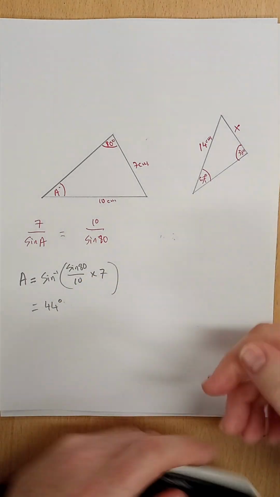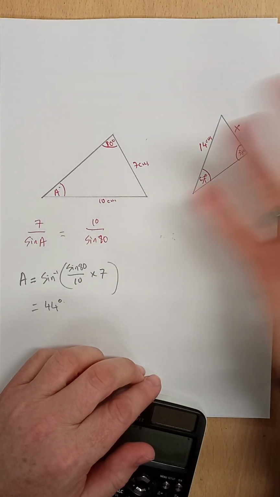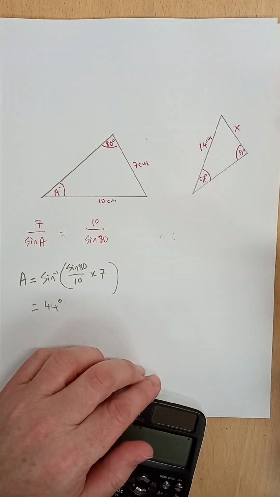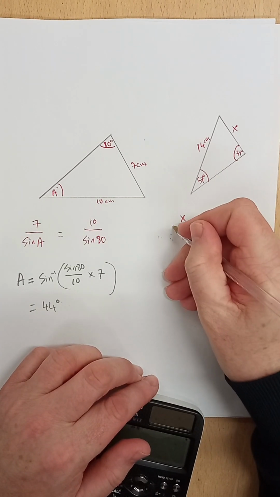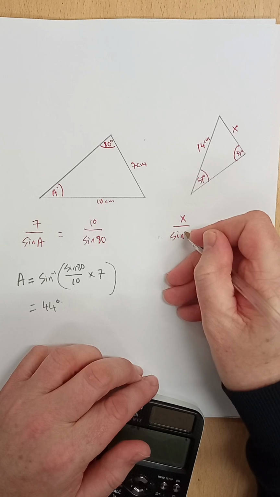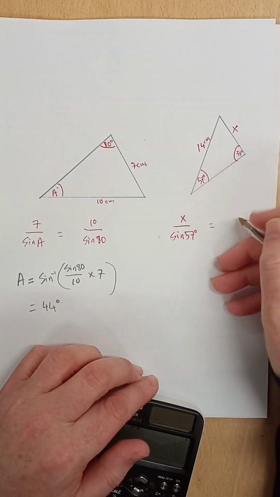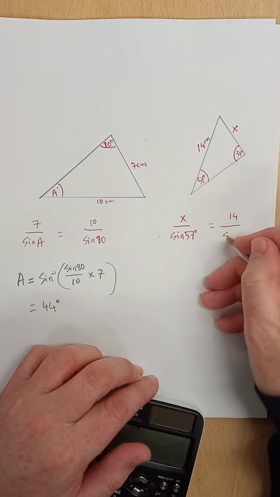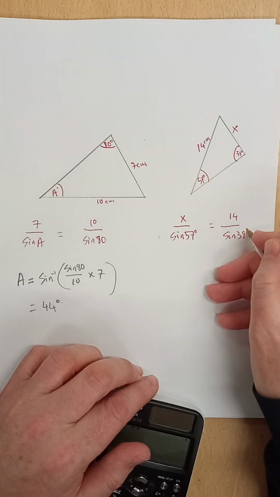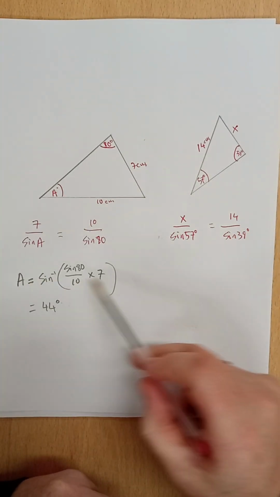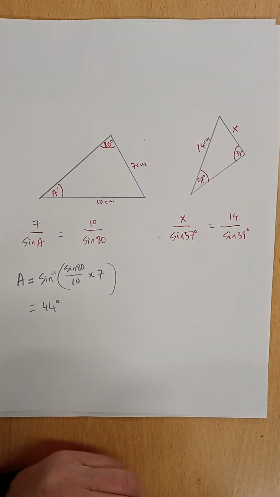Now, very similar for this one. This time the side is missing. Again, I start off by making the fractions: side over sine of the angle opposite is equal to side over sine of the angle opposite it. This time I don't have to do anything fancy. It's a lot easier.